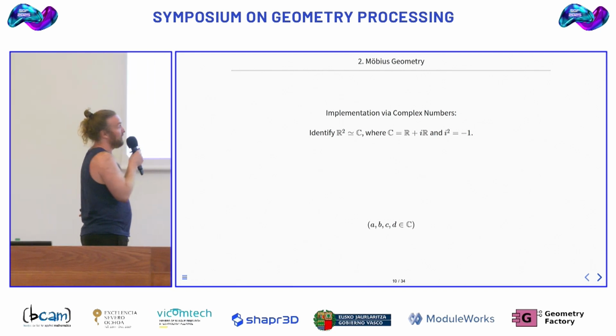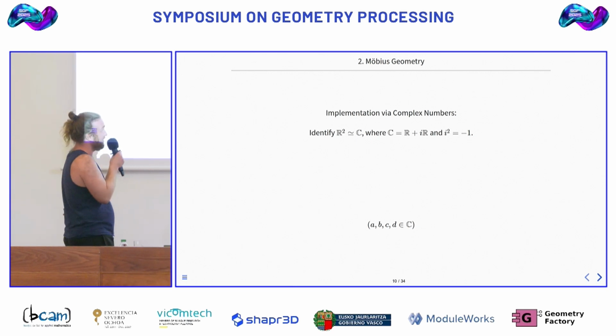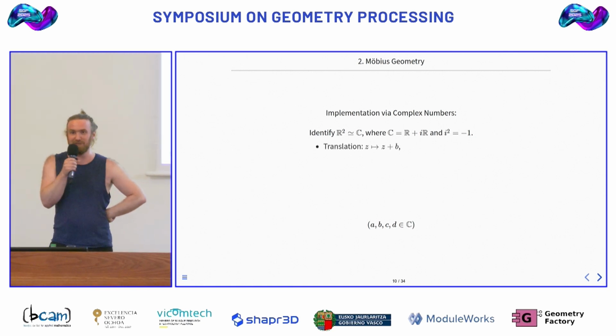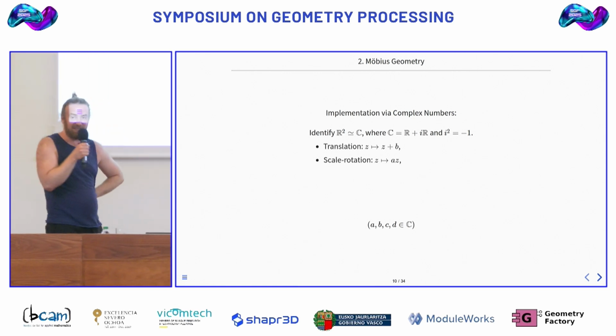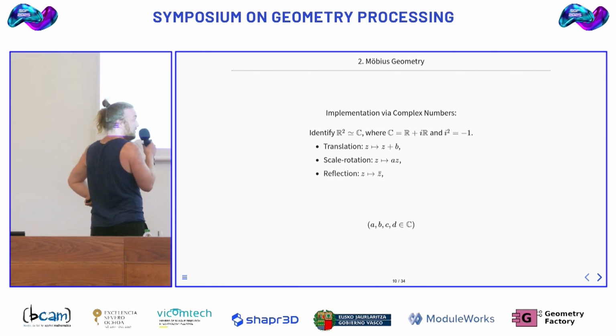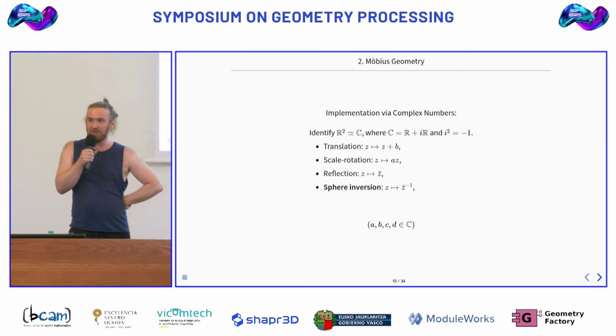In the plane, we can just use complex numbers. It's late, so I have put really all the basics here. i squared is -1. Translation is just addition with some complex number. Rotation and scaling, I just multiply with a complex number. Reflecting is taking the conjugate, for example. And the new thing is the sphere inversion. It's also very simple.